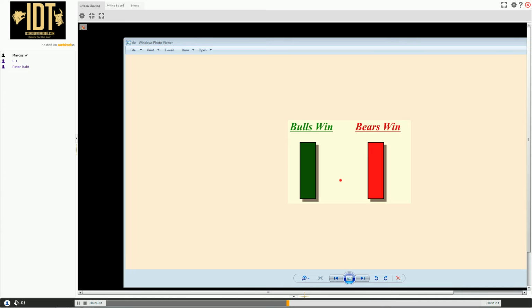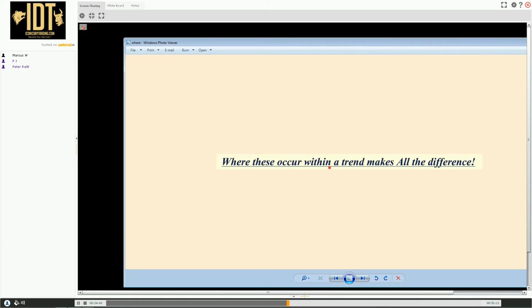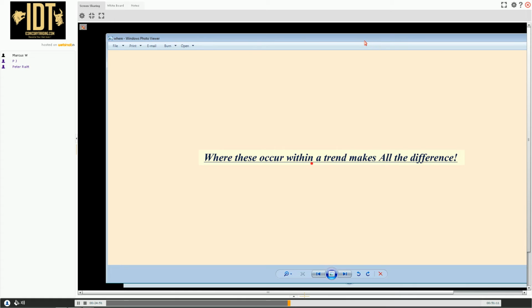Okay. So, a lot of this information is not mine. I did get it from another educational site, but it is very germane to what I am trying to teach you. Okay? So like I said, with these candlesticks that I'm going to show you, where these occur within a trend makes all the difference.